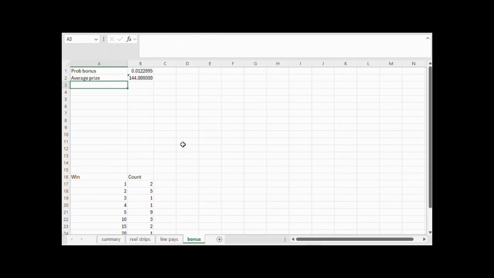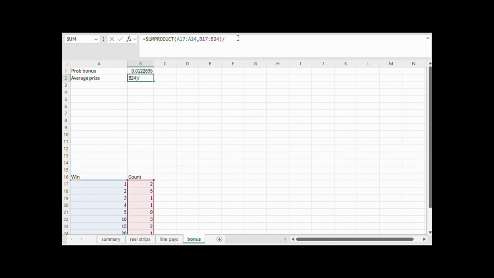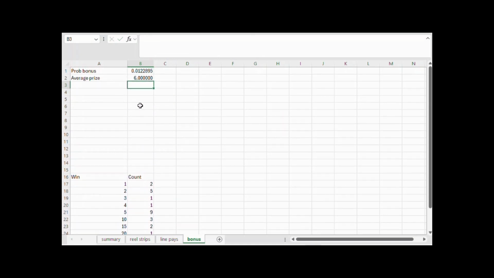If I stopped right here, this would tell us that the total of the prizes is 144. But we need to divide that by the total number of prizes, which is 30 minus 6, or 24. So that's telling us that the average prize is exactly 6.